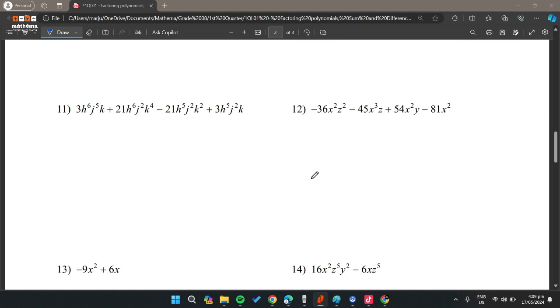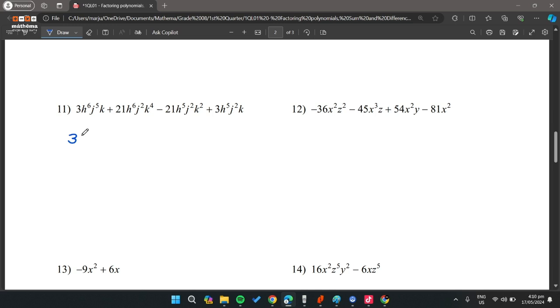Alright, so again we have 3, right? So we will write 3. And then look at the letters or the variables. We have h, j, k, h, j, k, h, j, k, h, j, k. So all of the letters h, j, k are common.